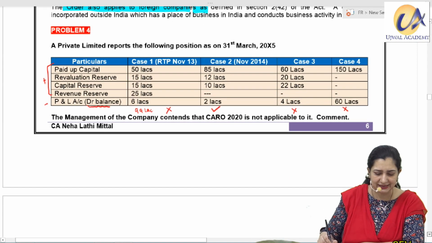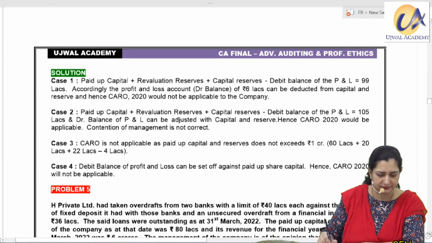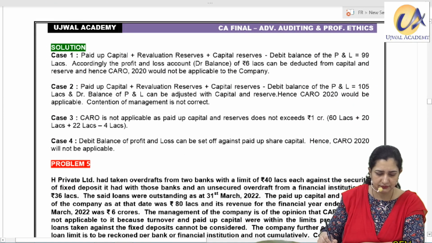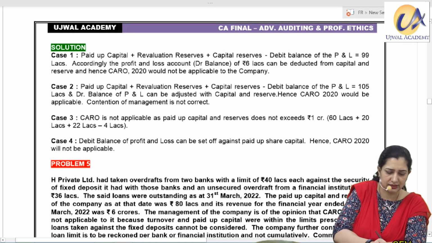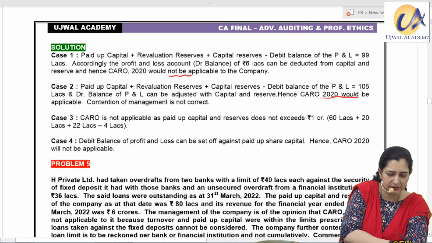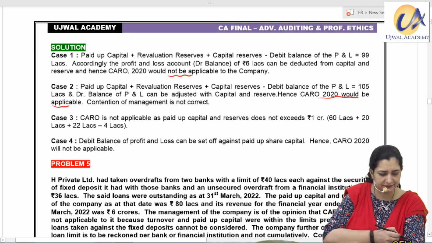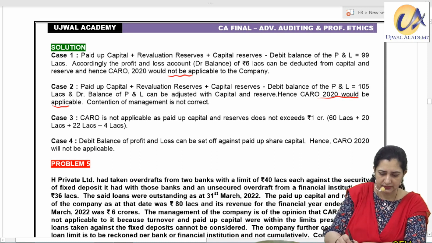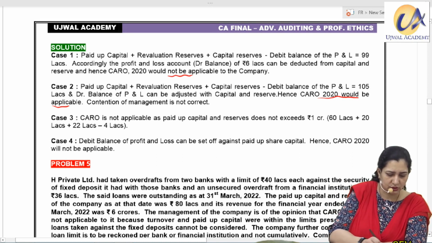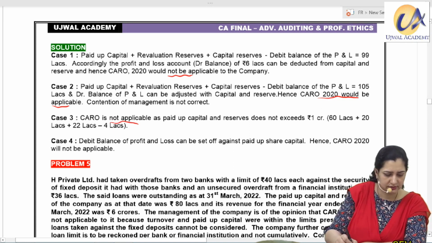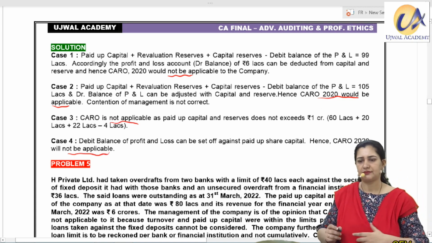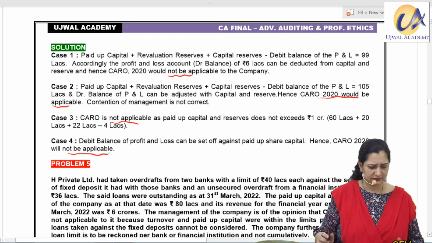So only in the second case it is applicable, otherwise it is not. This not applicable, CARO applicable, here not applicable, and the last one not applicable. Easy.